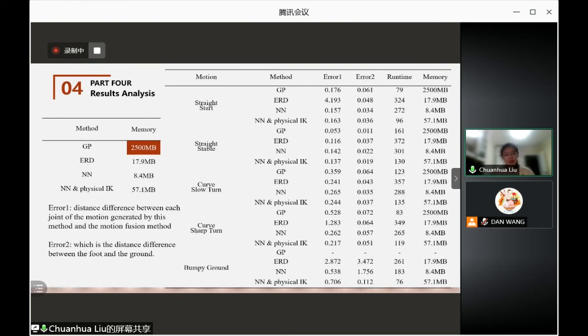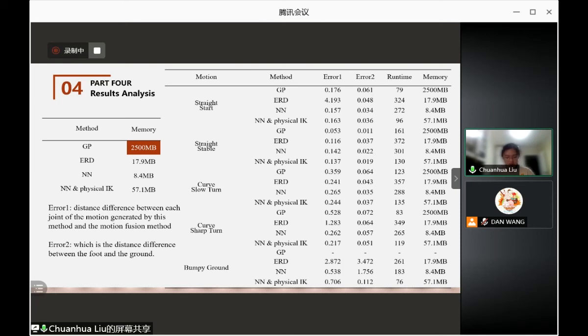And we define two errors. Error 1 is the distance difference between each joint of the motion generated by this method and the motion fusion method.